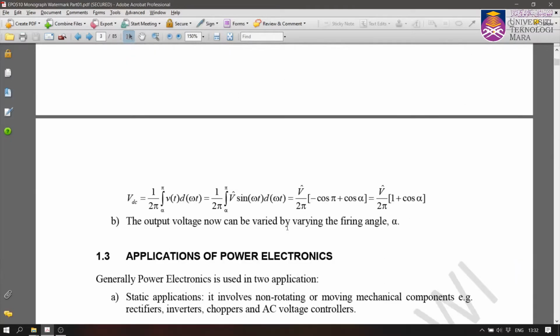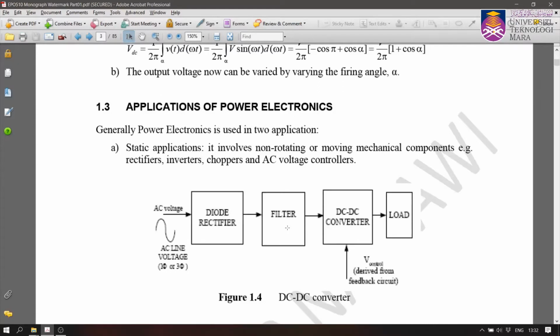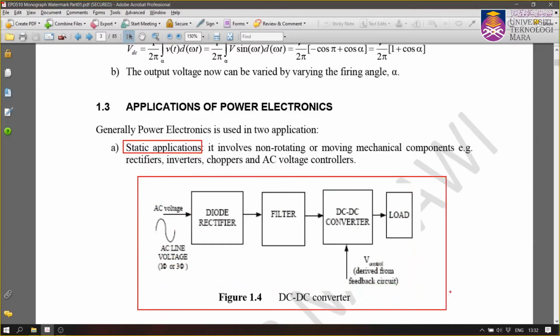Okay, next look at the application of power electronics. Generally there are two applications. One is the static application, as the converter: DC-DC converter, AC to DC rectifier, DC to AC inverter. Mainly this is for power supply applications. So this is known as static application.